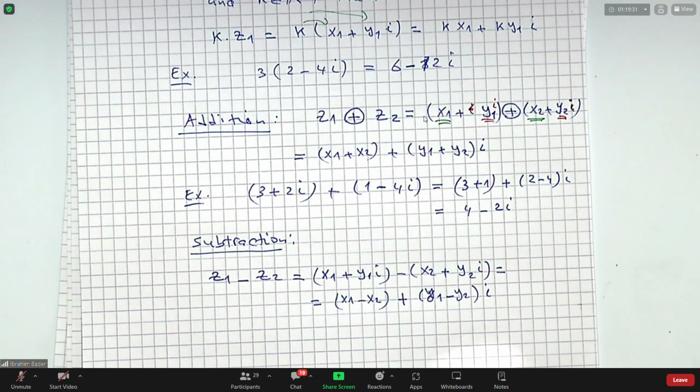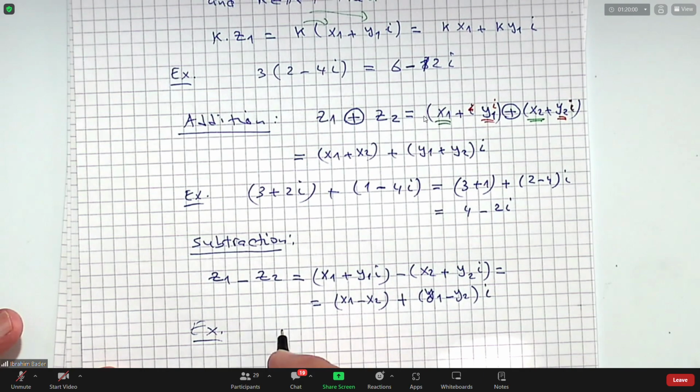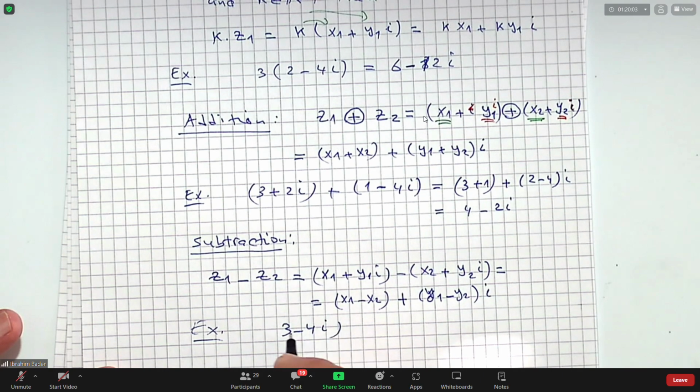Okay, now it gets more complicated. Shall we take an example here? Let's take an example with subtraction. Let's see, 3 minus 4I minus 2 plus 5I.